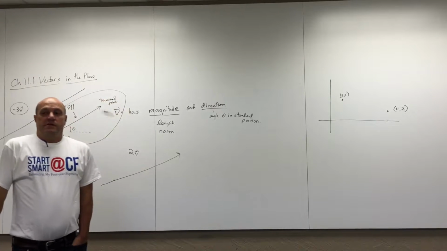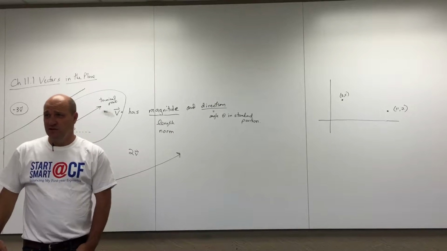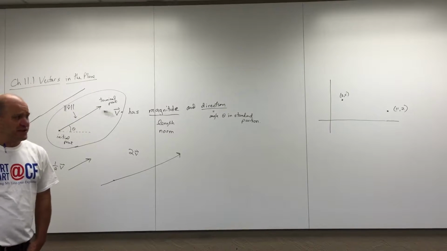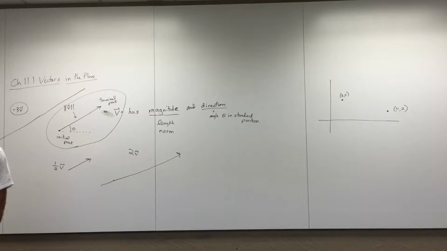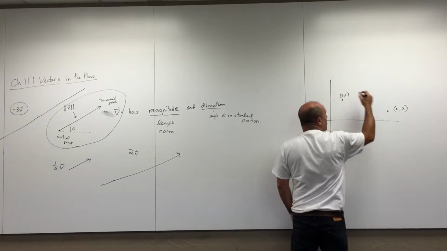Can you make a vector out of that? Your first question ought to be, which one's the initial point and which one's the terminal point? Because that would be a different vector. Anyway, let's make this one the initial point and this one the terminal point.